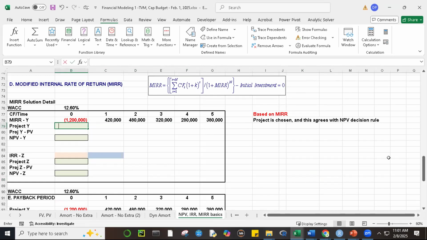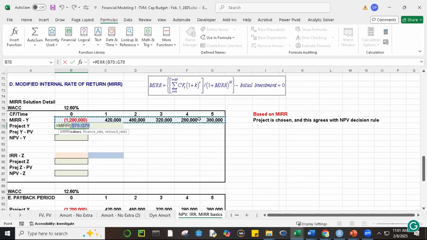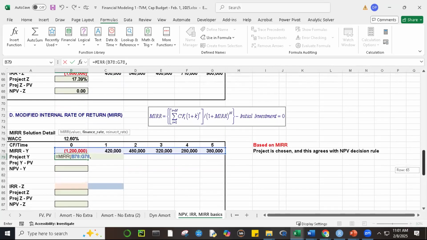So we use is equal to MIRR. The values are the cash flow, and then, comma, you have here two items, the finance risk and the reinvestment risk.